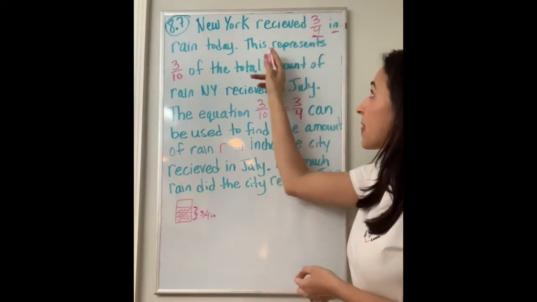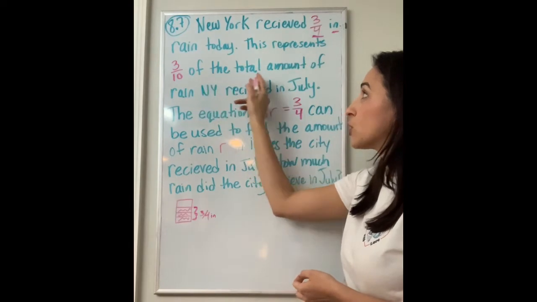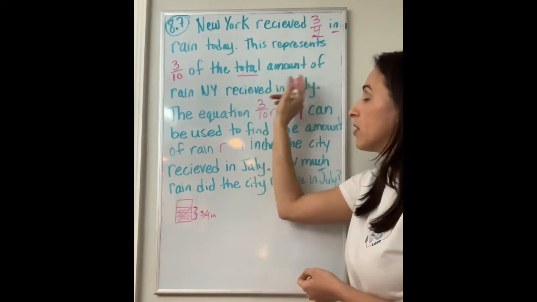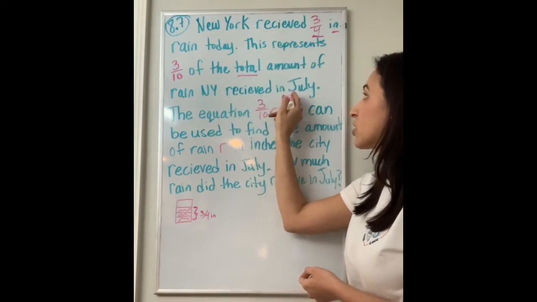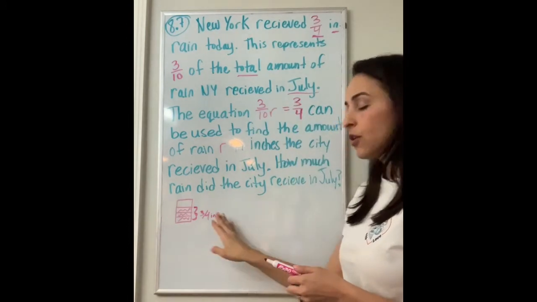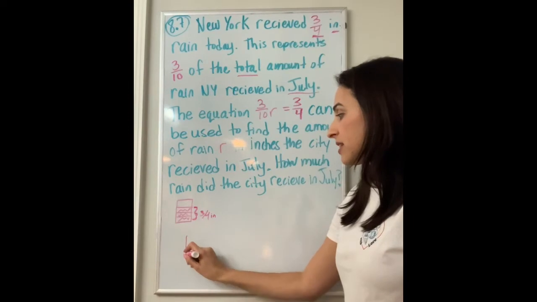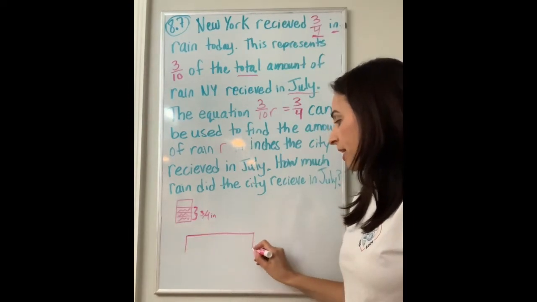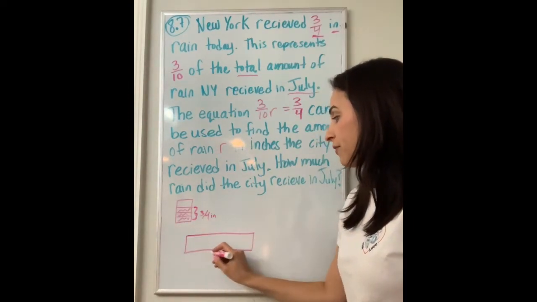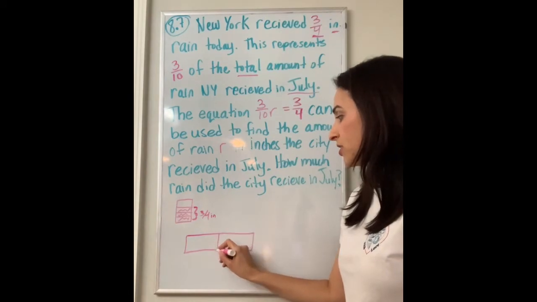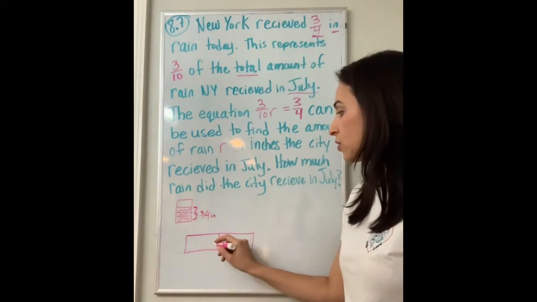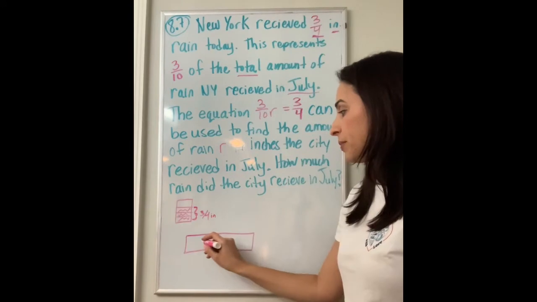Let's keep reading. This represents 3/10 of the total amount of rain New York received in July. So this little 3/4 is not a whole lot because it says that in the whole month of July, the 3/4 is just 3/10. Okay, so we're gonna cut this into 10 pieces.